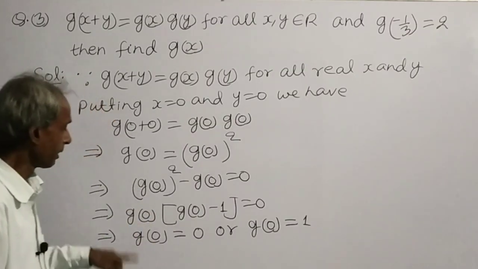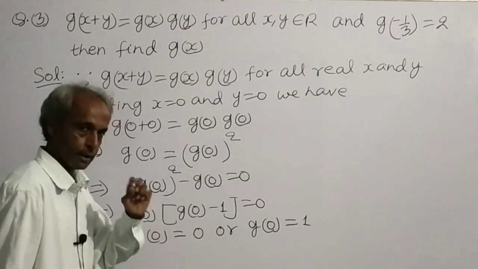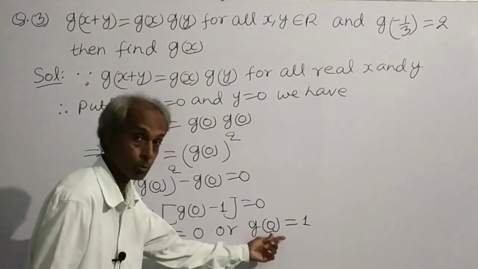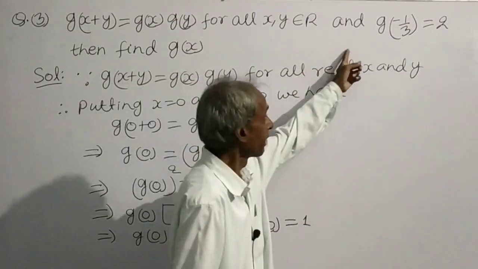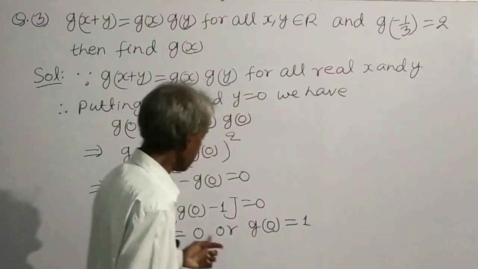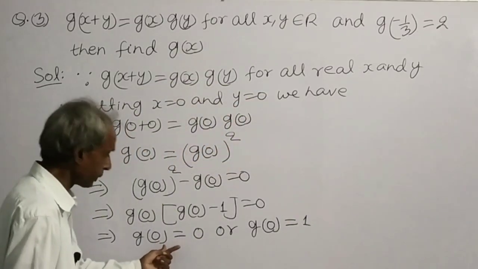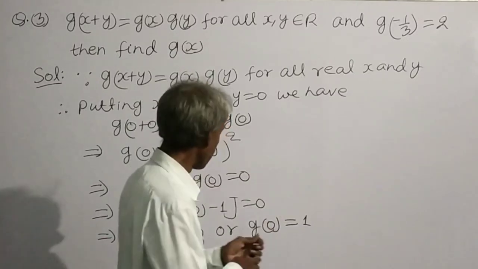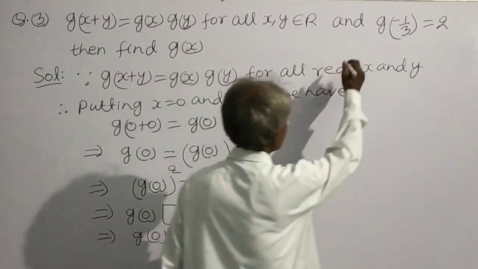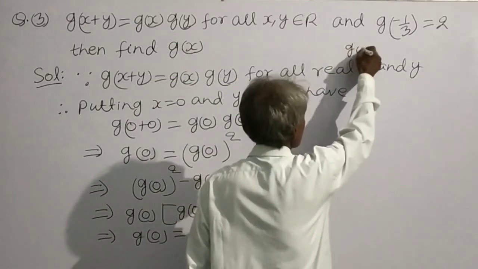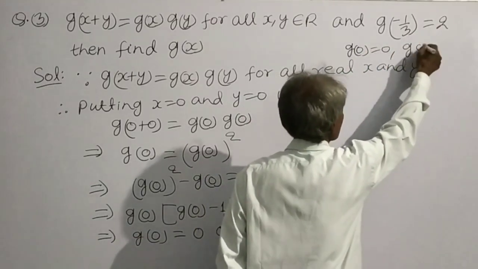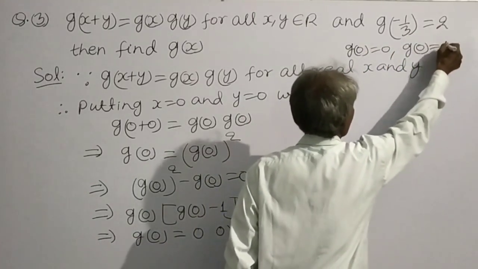At present, I write both values here, and later on we will decide which of these two is acceptable. g(0) is equal to 0, g(0) is equal to 1.